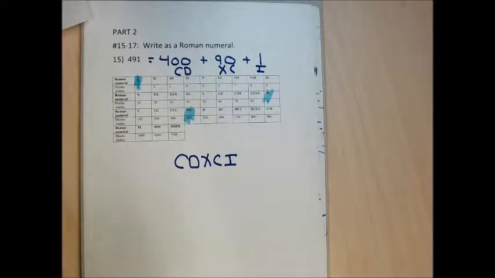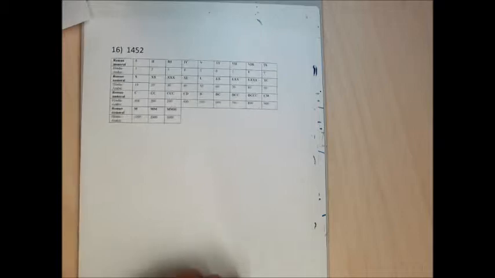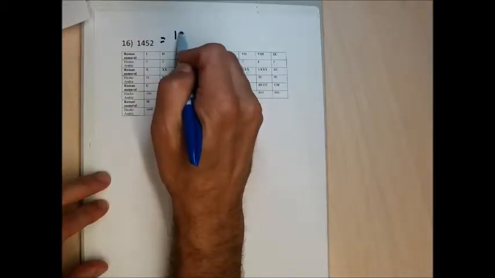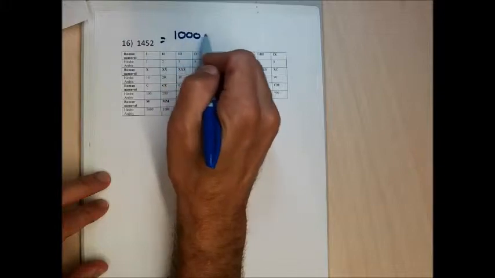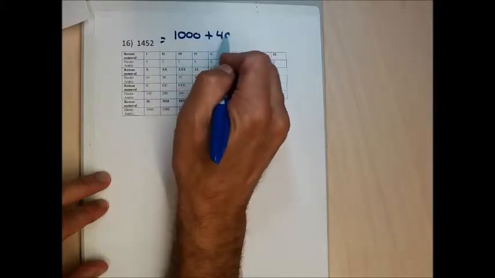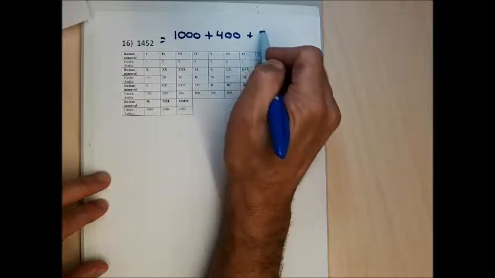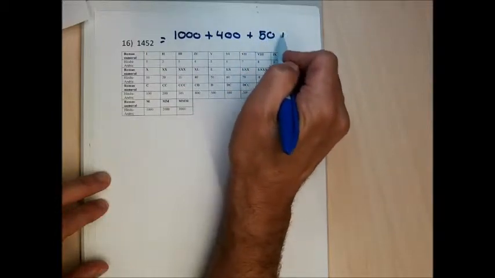That's a friendly problem. I'm going to do the same thing for number 2. So I'm going to rewrite this in its thousands, because there's 1,000, its hundreds, its 50s, its tens, and its ones.